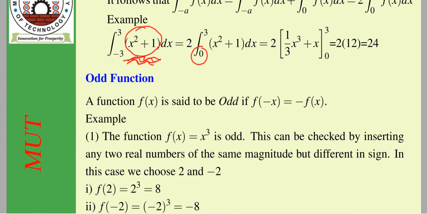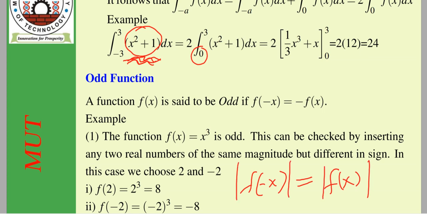Now we have an odd function. We say a function is odd provided that the value of the function at negative x is the same as the value of the function at x in magnitude. The magnitude is the same, but the signs differ.